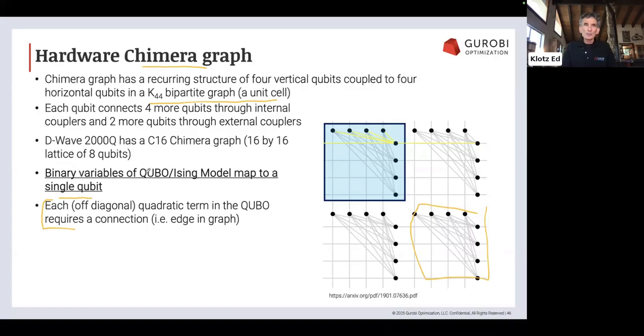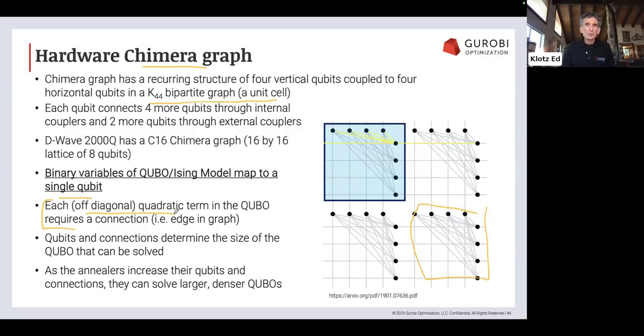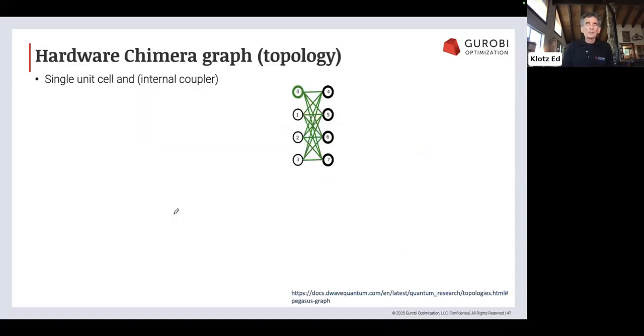Again, the key points are binaries mapped to a single qubit, and each off-diagonal quadratic term requires a connection or an edge in the graph. Ultimately, it's the qubits and connections that determine the size of the QUBO that can be solved. And as the annealers increase their qubits and connections, they can solve larger QUBOs.